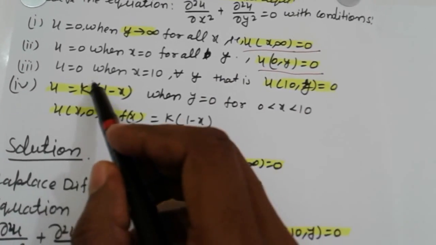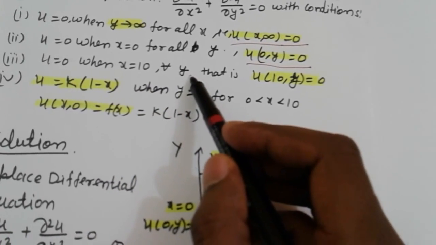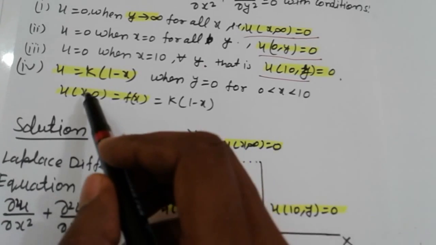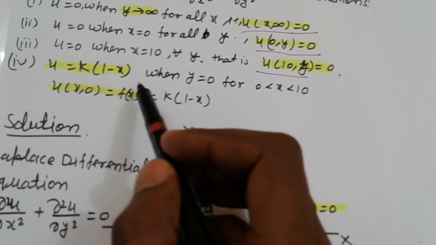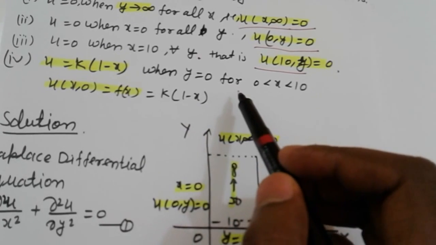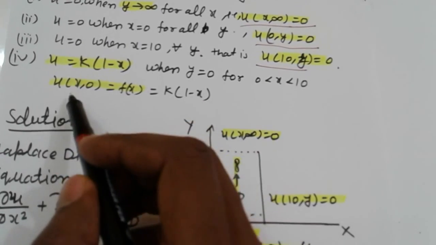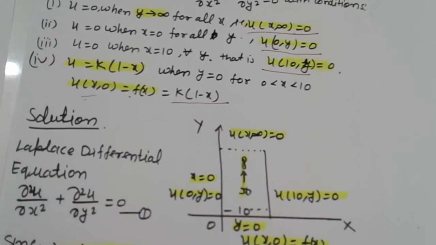Second boundary condition, u equal to 0 when x equal to 10 for all y, that is u(10, y) equal to 0, and u equal to k(1 minus x) when y equal to 0 for 0 less than x less than 10. It means here u(x, 0) equal to f(x), that is k(1 minus x) is given.